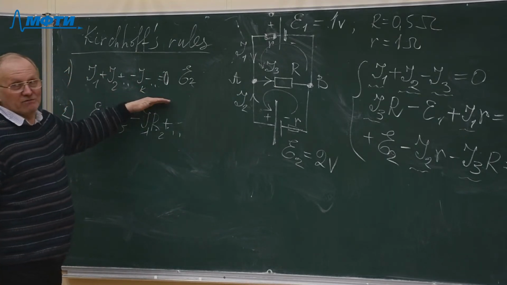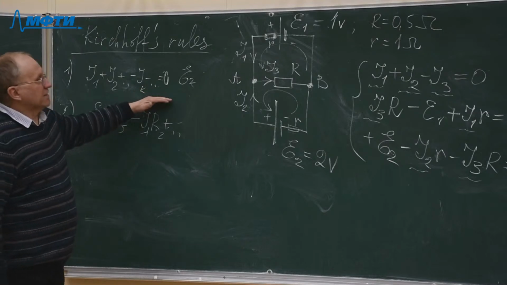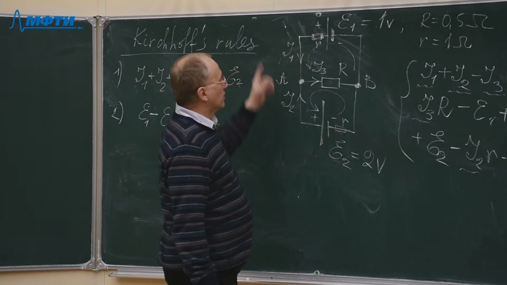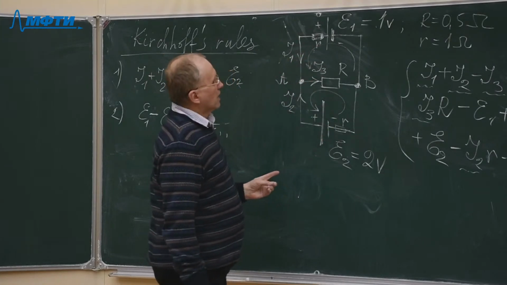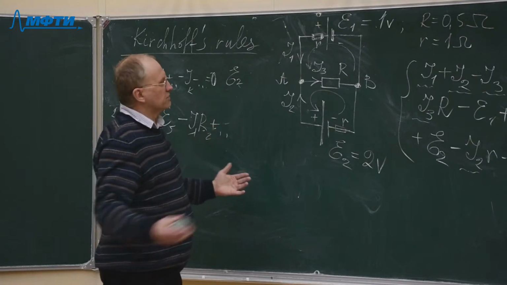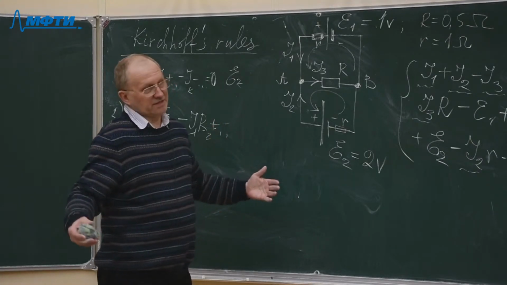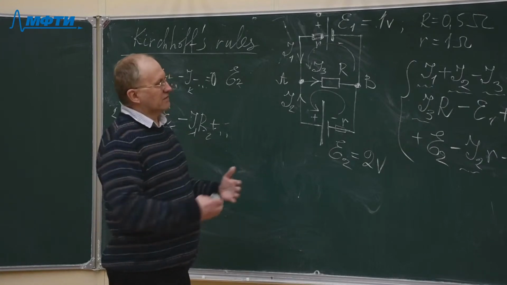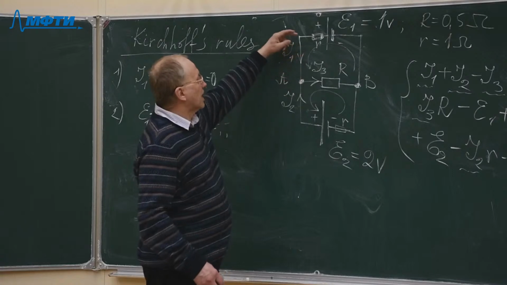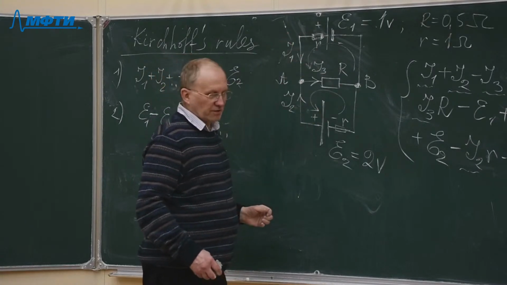But they can anyway be applied when the frequency of the current in your alternating current circuit is small, so that the wavelengths corresponding to this frequency, radio wavelengths, are much larger than the dimensions of this circuit.